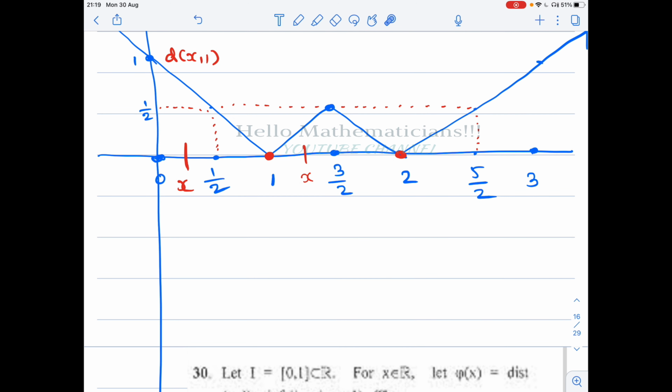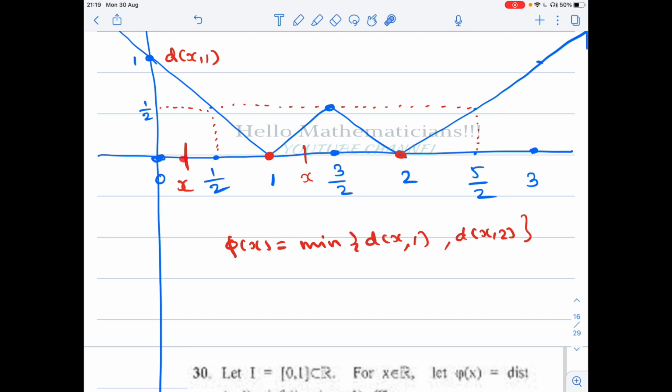Now maybe here I'll just write the definition of pi of x. Pi of x equals the minimum of the distance between x comma 1 and the distance between x comma 2, where we know the distance is the modulus. You have to take the minimum, that is pi of x. Now we take a point x here to the left side of 1.